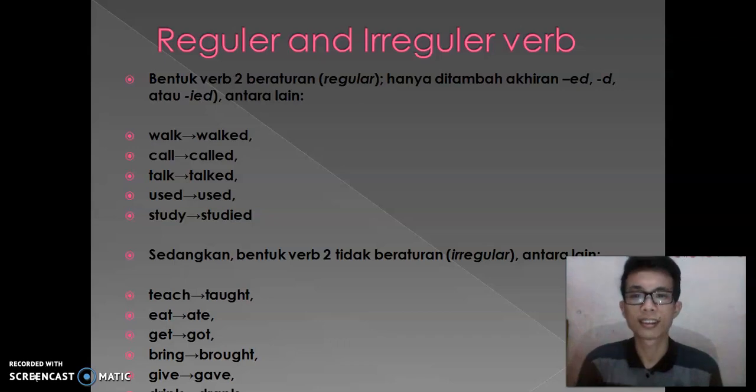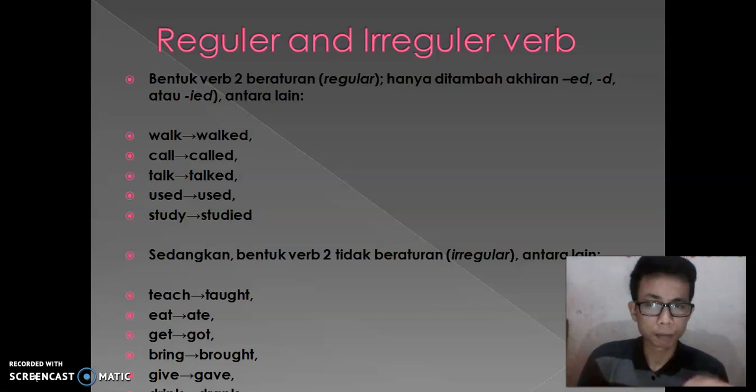Okay, let's continue. The last from the first video, we start here: regular and irregular verb. In simple past tense, we must understand regular and irregular verb. What is it? Regular verb is adding ed after the verb.